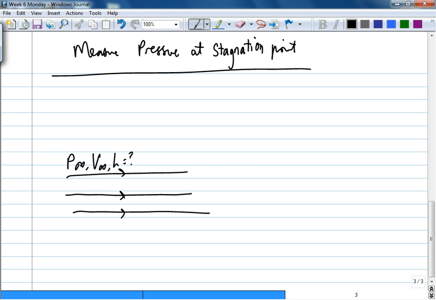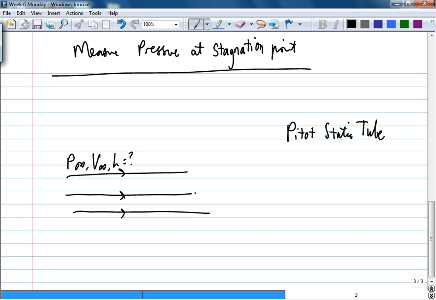It's some wind or whatever blowing past you. To create a stagnation point, the simple way is to put in a pitot-static tube. This is traditionally the simplest way of measuring velocity.